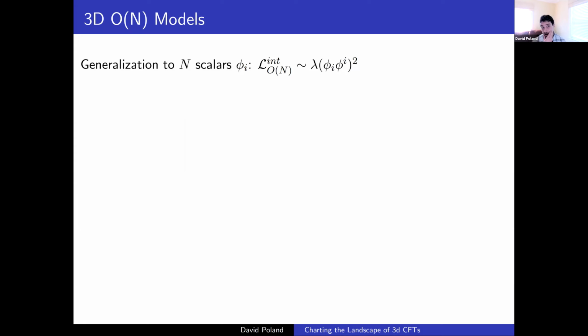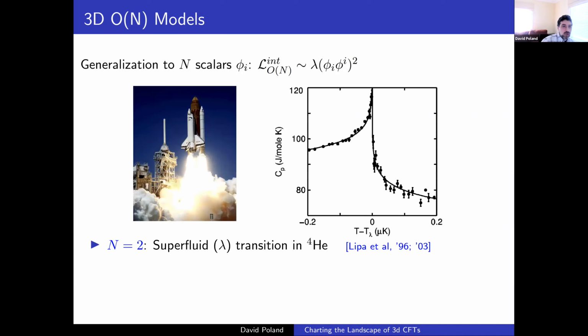And different values of N are interesting. The O(2) model, sometimes called the XY model, is experimentally very interesting because it describes the superfluid transition in substances like helium-4.